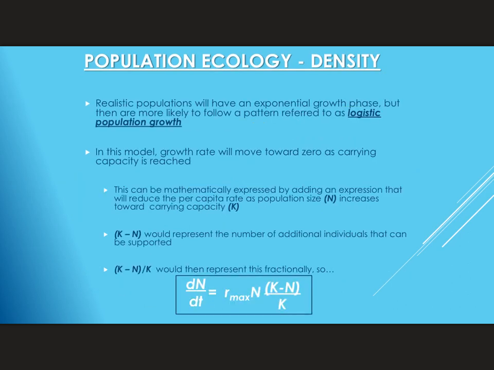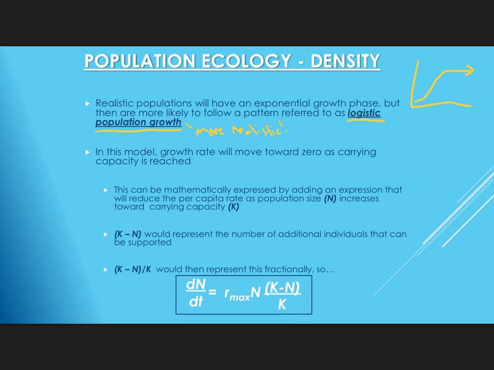So when we look at a realistic population, we see something that has what's called an S-shaped curve. It has an exponential time period, but then it levels off. Right? And this is called logistic population growth. Logistic population growth is more realistic. Right?